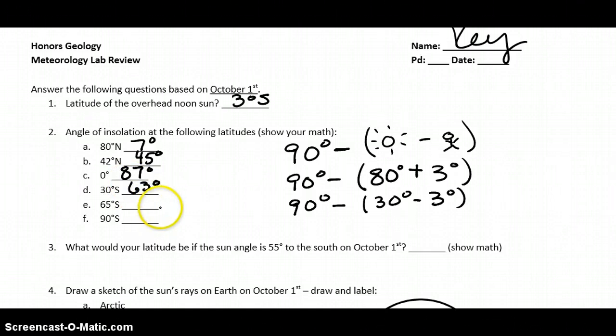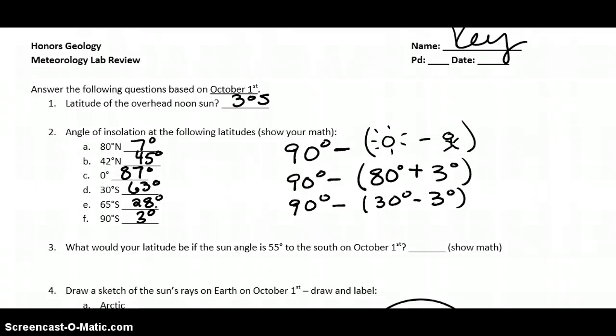We'll do the same for the next two. 90 degrees minus 65 minus 3 gives you 28. And then for the very last one, 90 degrees minus 3 is going to give you 3 degrees. This is an extremely low sun angle at the South Pole on October 1st.